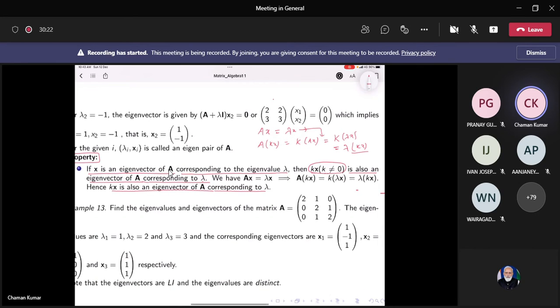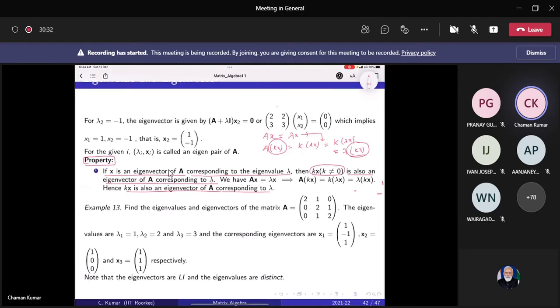Okay, so you have Kx here, Kx here, the same vector. So this means that Kx is also an eigenvector corresponding to lambda as well. All right.